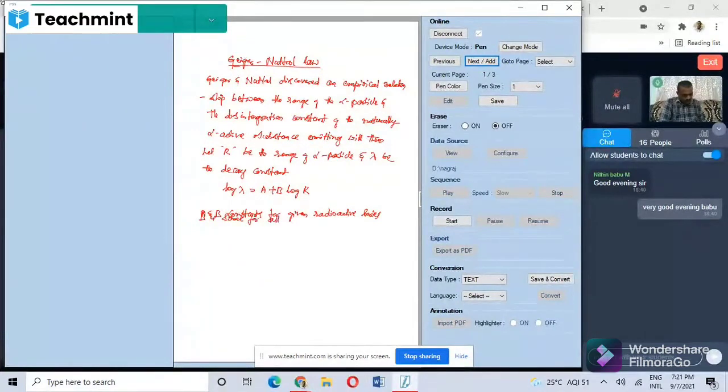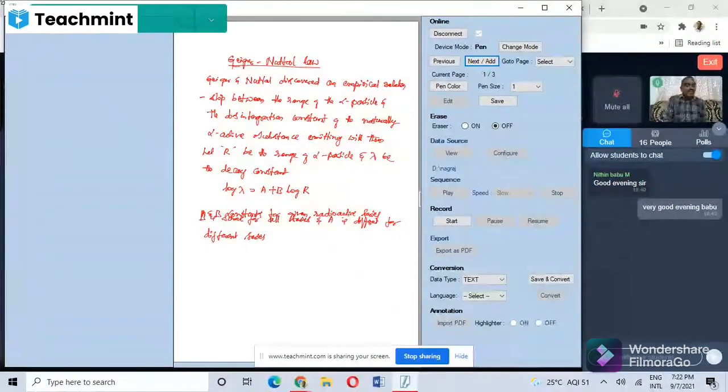This equation is similar to the equation of a straight line. You know, the equation of a straight line is y is equal to mx plus c, where m is the slope and c is the intercept, and here A is the intercept.